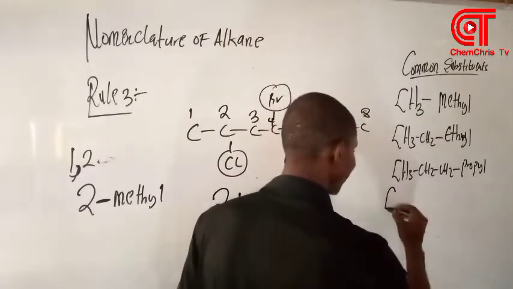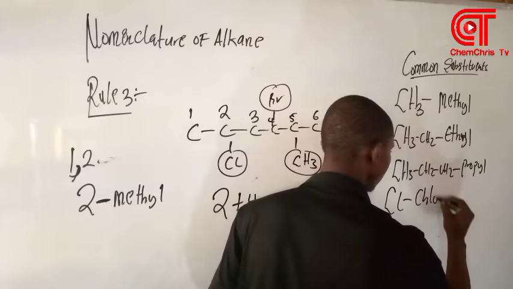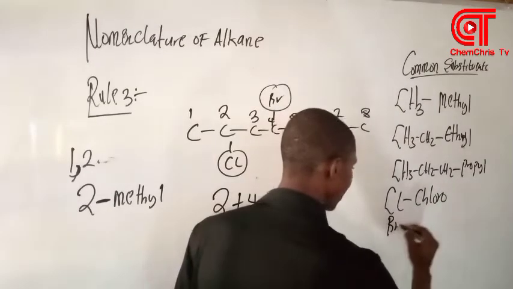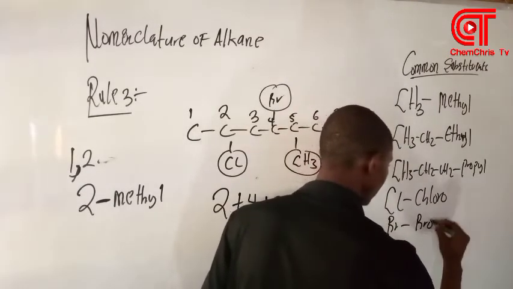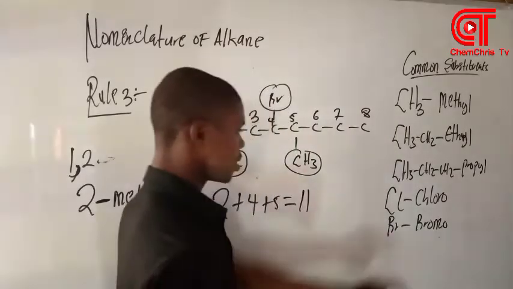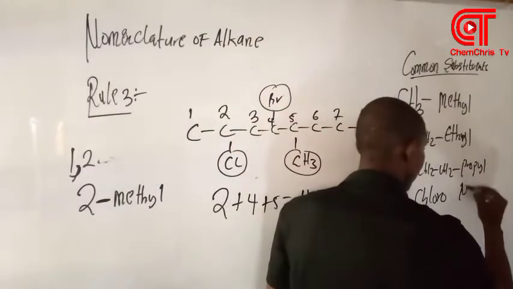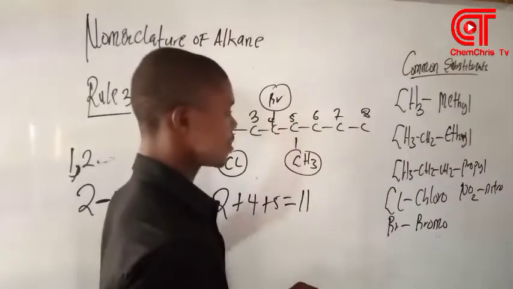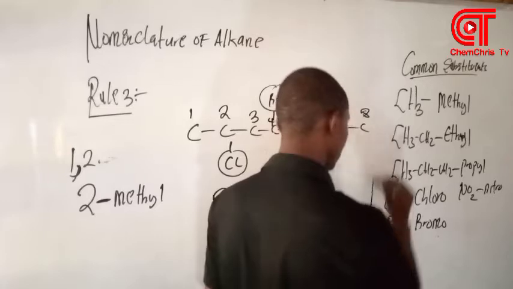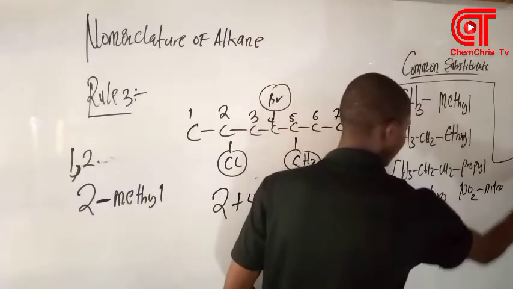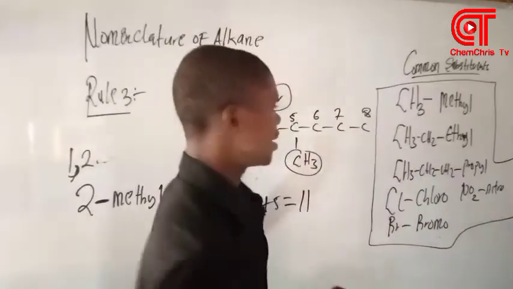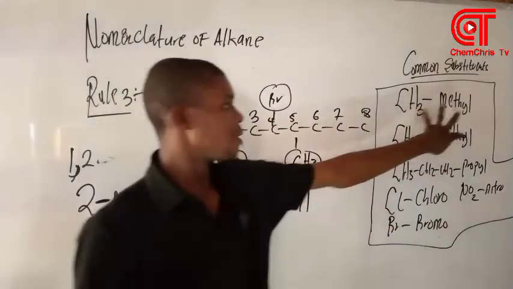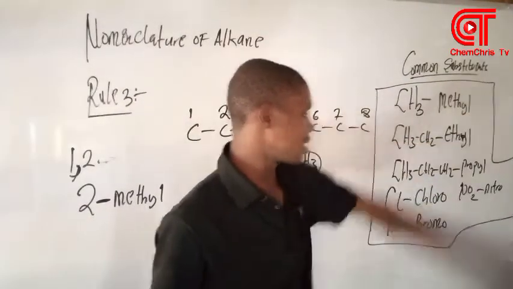Then Cl is called chloro. Br is called bromo. NO2 is called nitro. So these are the common substituents you are going to use in your nomenclature. Make sure you take it down.